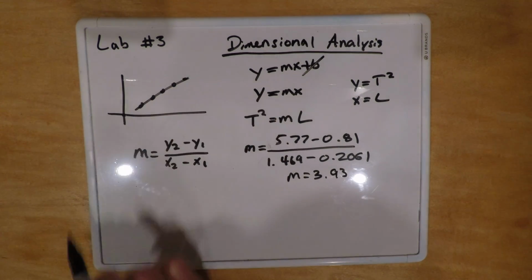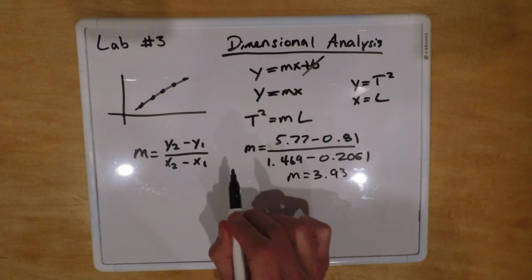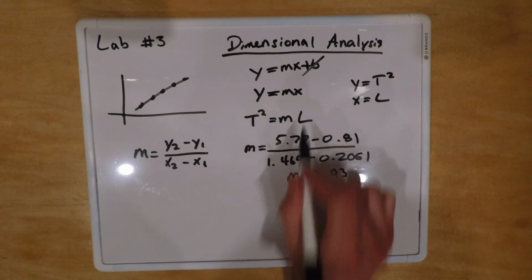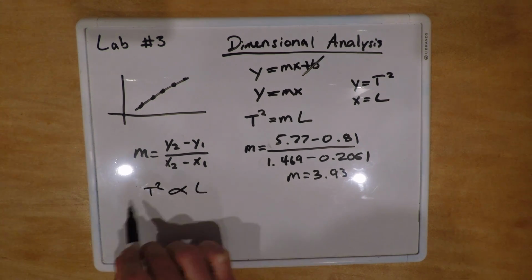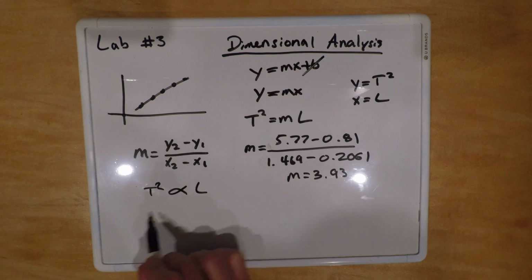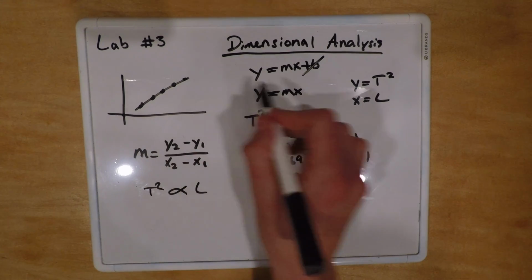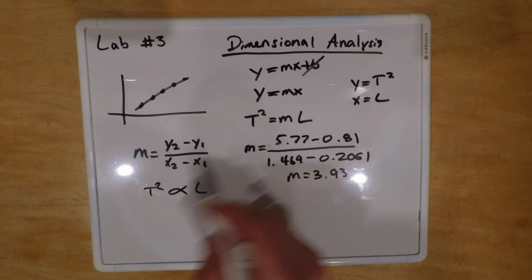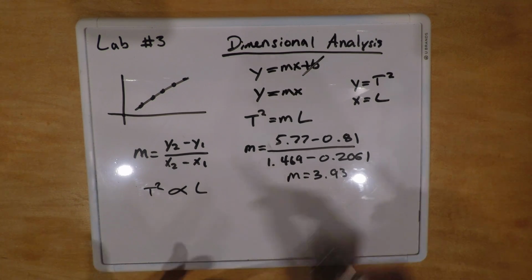So we have a linear graph here, and t squared equals m times L, but in this linear graph, t squared is proportional to L. So we're going to write t squared is proportional to L. Now in order to make a proportion an equation, you have to add a constant. So I'm going to multiply the left side by g, because g is one of the constants in the pendulum, the acceleration of gravity, which doesn't change, which means it's a constant.